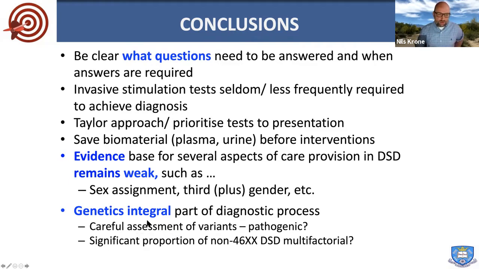And we need to have careful assessment of variants. Are they pathogenic? And then there's a significant proportion of non-syndromic 46,XX DSD. Could this be multifactorial, and might we not get a conclusive answer? Thanks for listening. And I need to stop now.